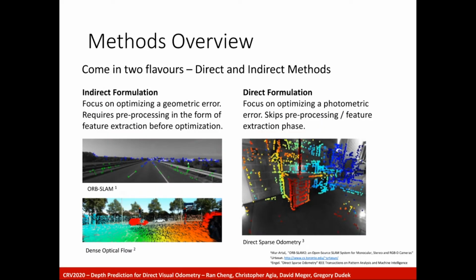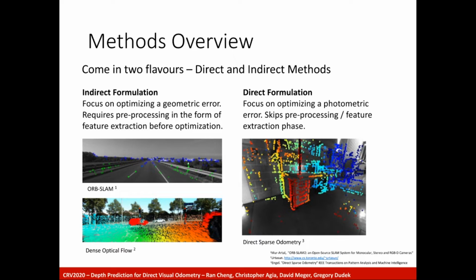Okay, so looking over at some of the prior works, they generally come in two flavors, the direct and indirect methods. So in the indirect formulation, these methods require a pre-processing step in the form of feature extraction before doing the local optimization. And they focus on optimizing a geometric error. So some examples of this consist of ORB-SLAM or methods in conjunction with dense optical flow.